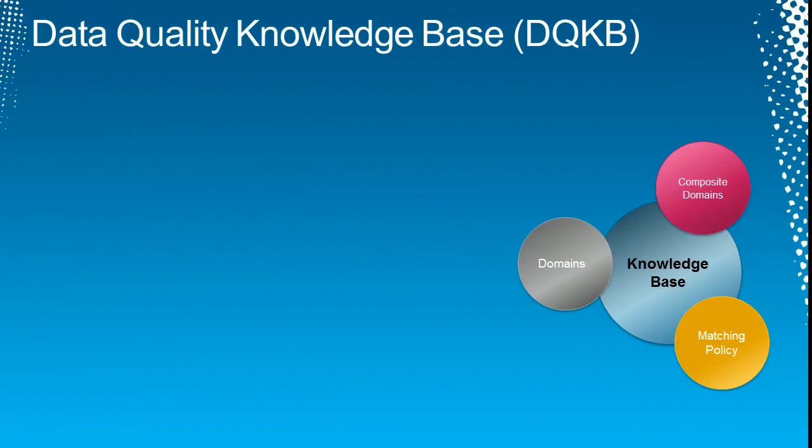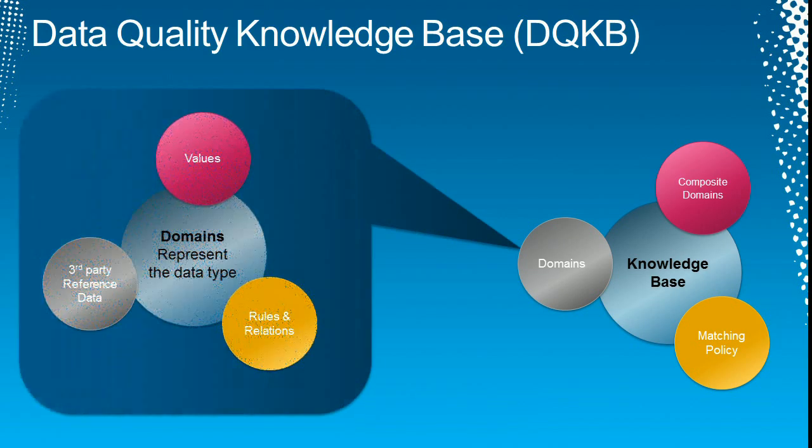And there's what is called the matching policy, which we'll show in a minute, which governs how I know which identities are a match and how to define that. And we'll see that in the matching demo. Each domain represents a data type and contains a list of values. This is my organization's knowledge, containing all the rules and relations. Music is similar to songs, and it should be between 8 to 25 characters long. And the connectivity to third-party reference data.